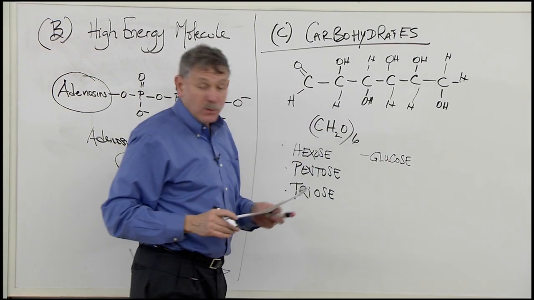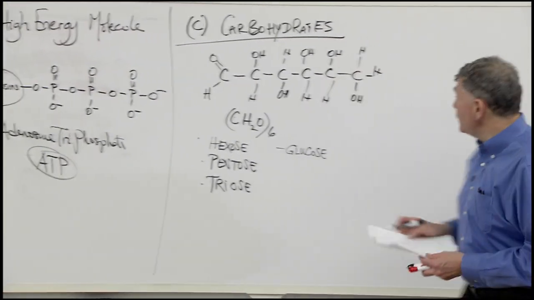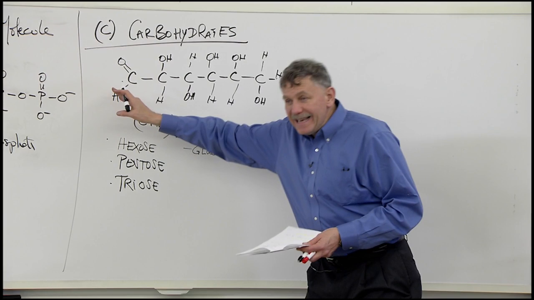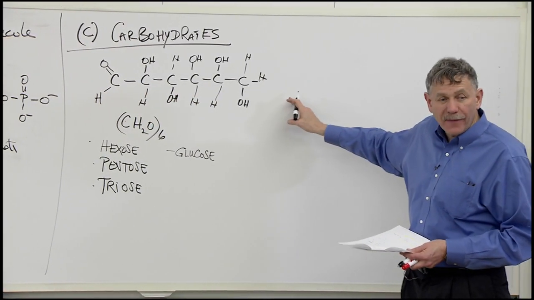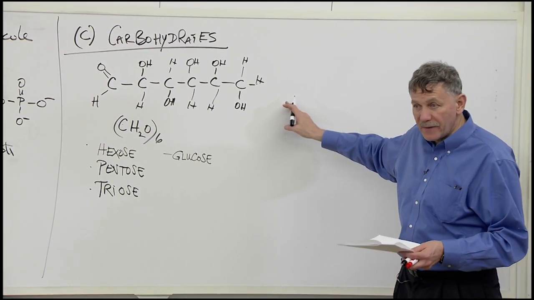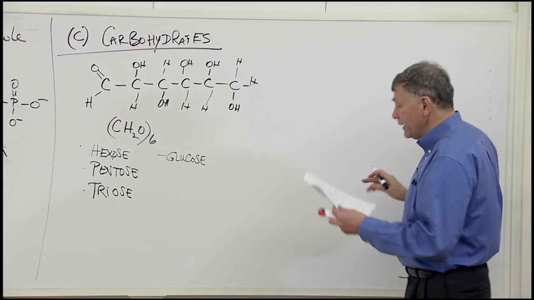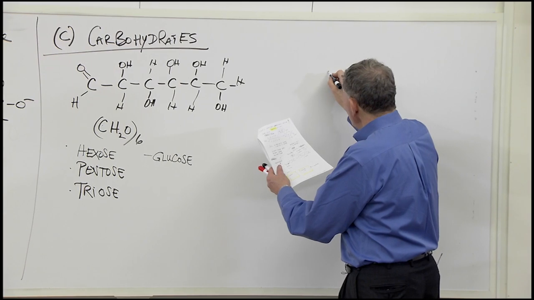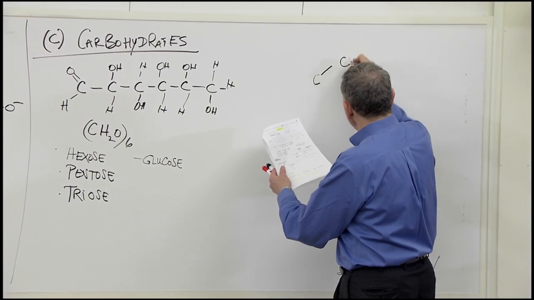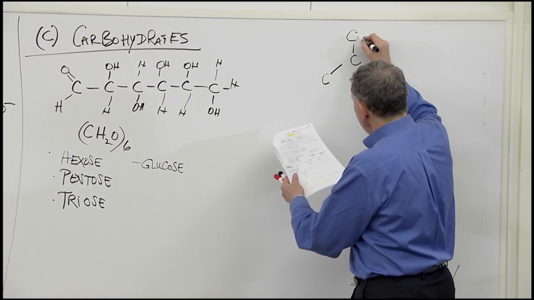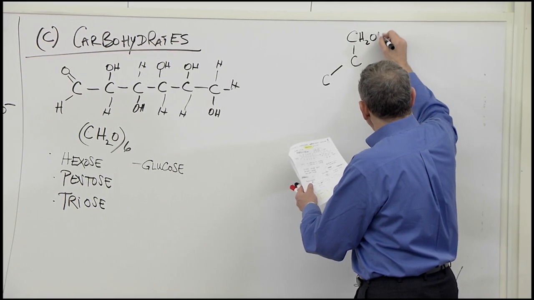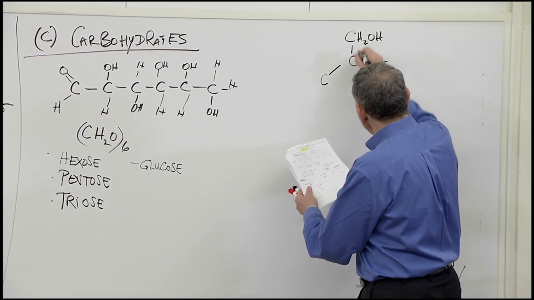Now, I'm not going to go into a lot of detail, but I'm going to mention that this linear chain is not the usual way that glucose will be found. Glucose will spontaneously make itself into a nice little chair. And the structure that glucose is usually running around in looks like this. One of the carbons is up here.